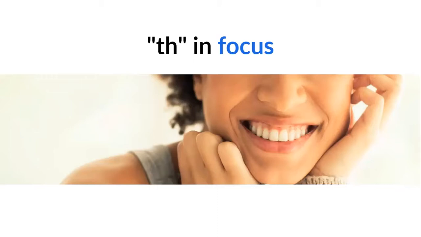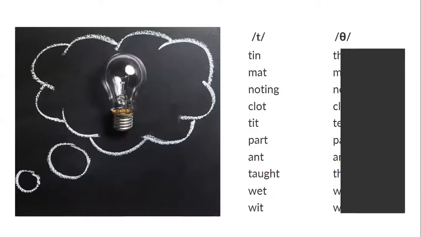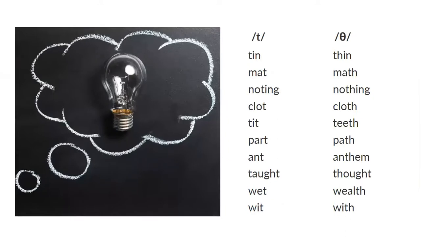So here we have the first one. As you can see on this part, there is this bulb, and yes, you can guess this is about thinking. For many people, because that's a sound they don't have in their mother tongue, they tend to replace it with t.